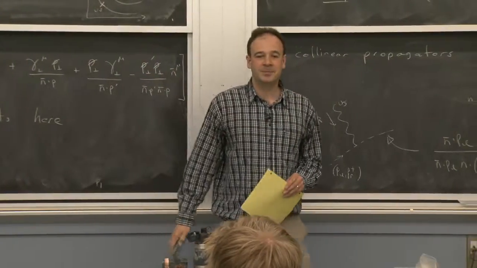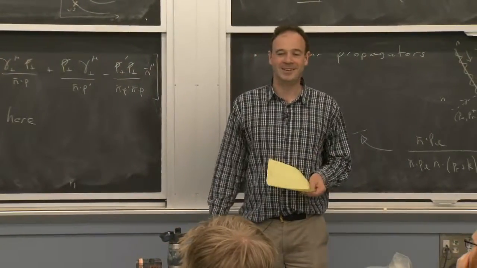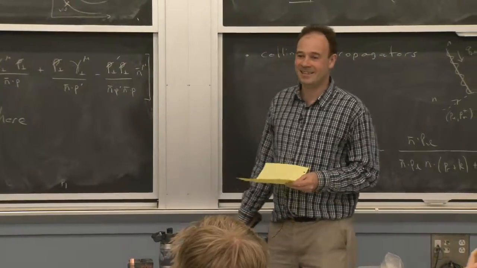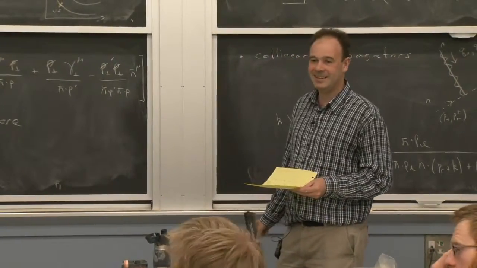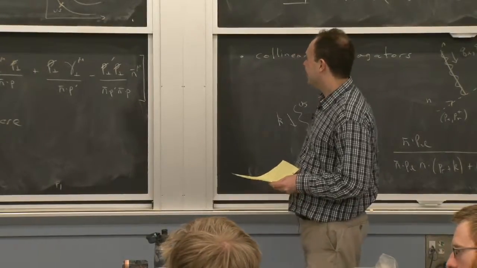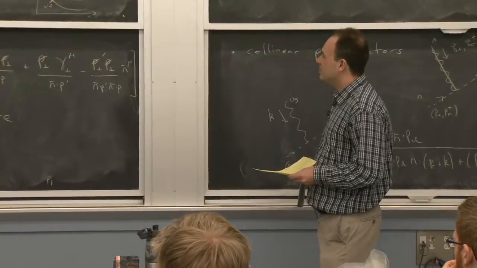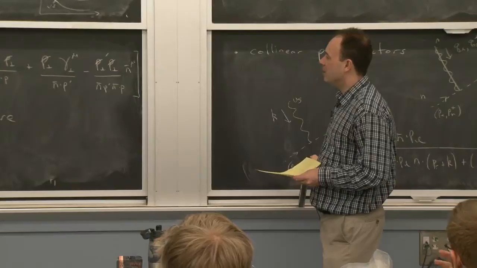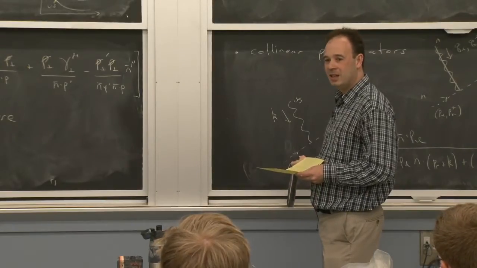Other questions? All questions have been good so far. Keep asking. Could you try using two different lambdas for the ultrasoft and the collinear? Yeah, so you could if there was a physical reason why you wanted to.